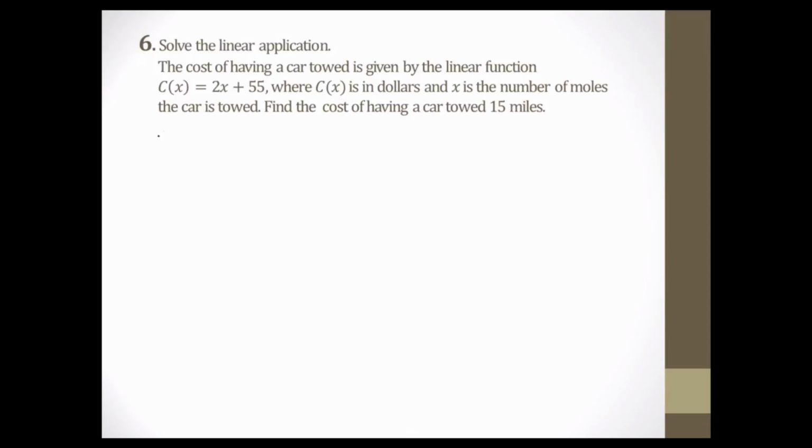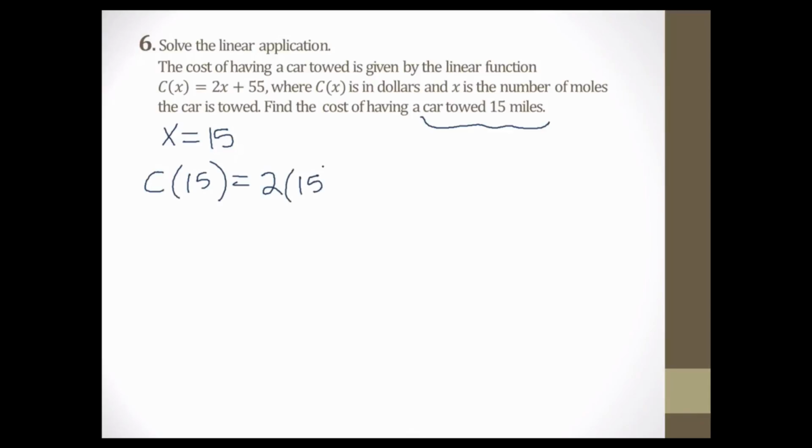So what we want to do is make x equal 15, because x represents the number of miles towed, and so we are concerned about the car being towed 15 miles. So we want to find c of 15. What that means is that we're going to plug in 15 everywhere we see x.